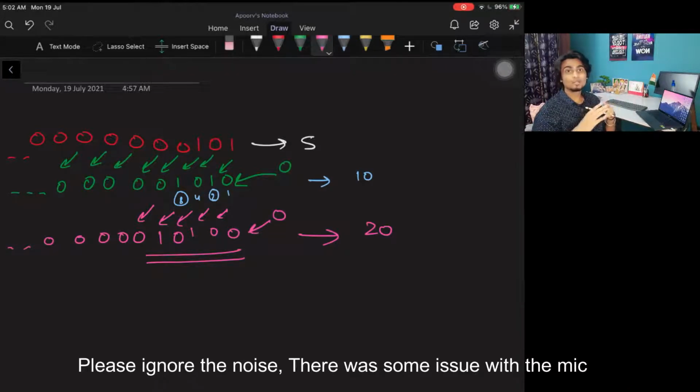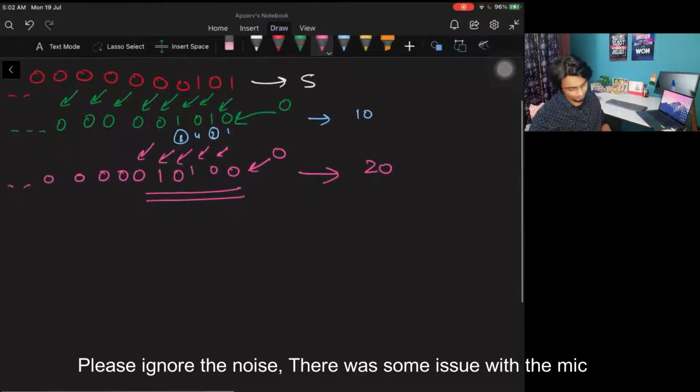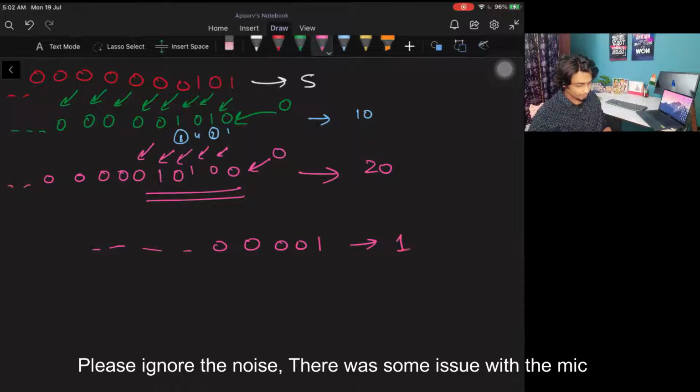So what if I do a left shift I times or n times? It will get multiplied by 2 to the power I, right? So let's say there's a number 1, right? If I do one left shift, this number will become 10, that is nothing but 2.